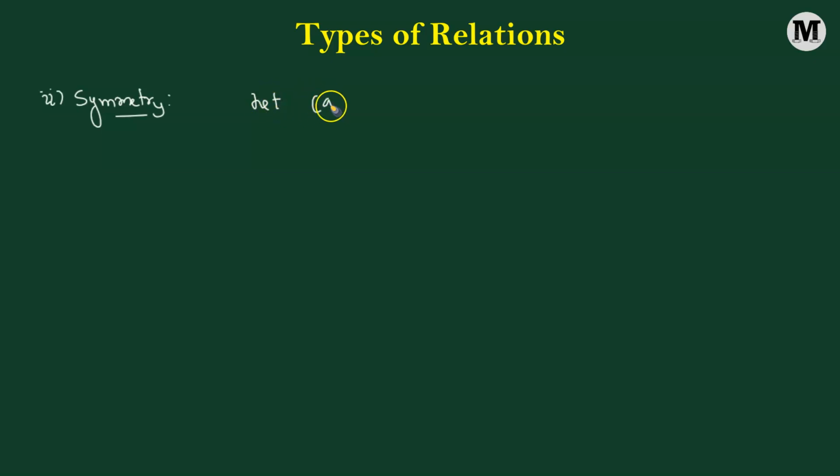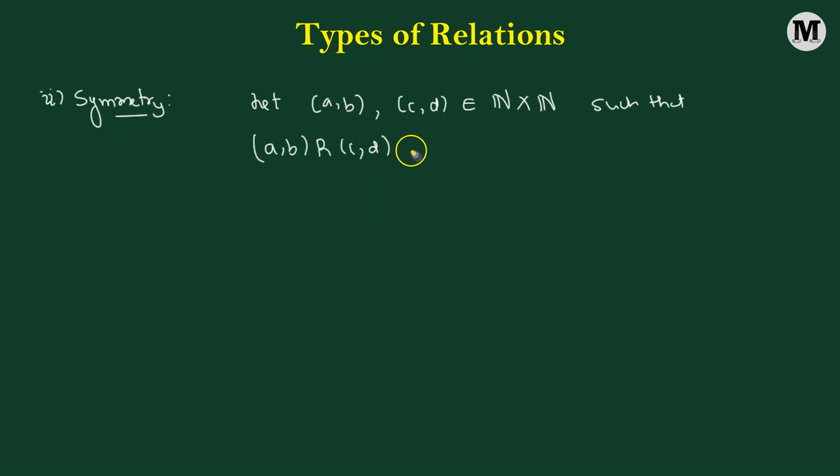Let those elements be (A, B) and (C, D), and both of these belong to the Cartesian product of the set of natural numbers N with itself. If we suppose that (A, B) is related to (C, D), then by definition this simply means A + D must be equal to B + C.